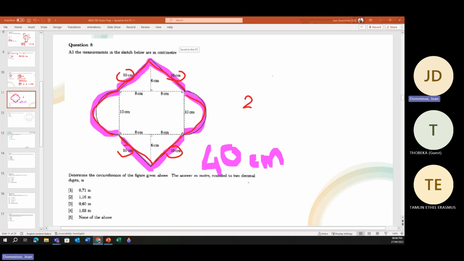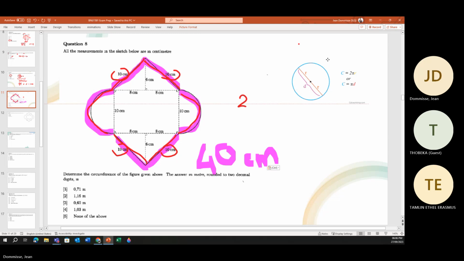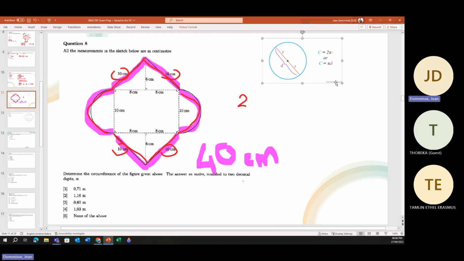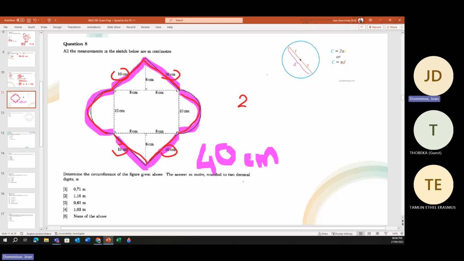Okay, so circumference of a circle, and I'm actually going to copy it in here for you guys. Again, you can use the previous work that we've done, just to make it easier.